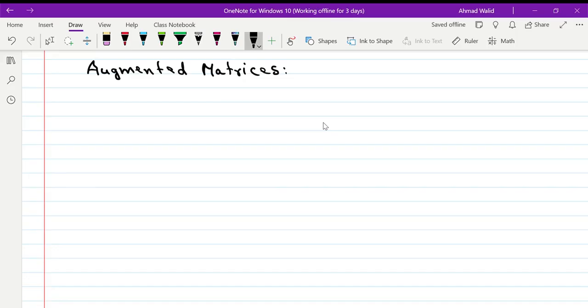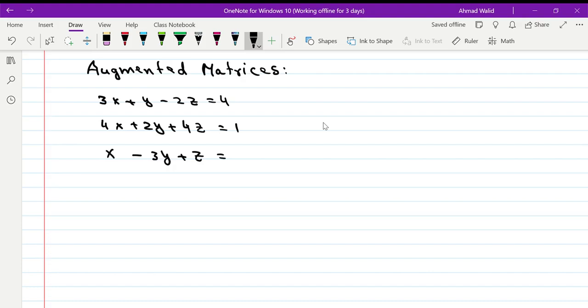For example, 3x plus y minus 2z equals 4, 4x plus 2y plus 4z equals 1, and x minus 3y plus z equals, let's say, 5, correct?